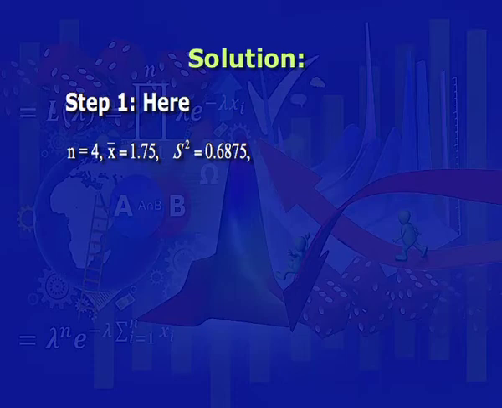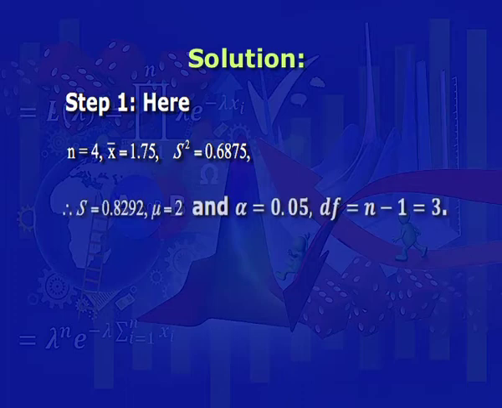Here sample size n equal to 4, sample mean x bar is 1.75, sample variance s square is 0.6875, and therefore its square root s equal to 0.8292. We have given population parameter mu equal to 2 and alpha level of significance is 0.05 and degrees of freedom equal to n minus 1. Here n is 4, so degrees of freedom becomes 3.